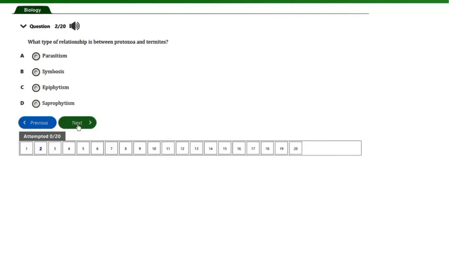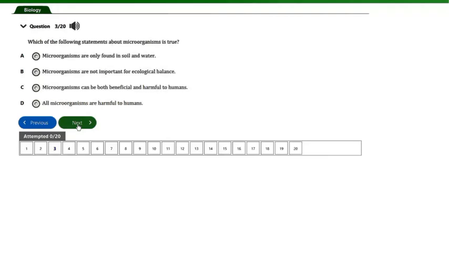So in the case of the protozoa and the termites, the protozoa help to break down cellulose from the wood that the termite eats, which the termite cannot actually do on its own, whereas the protozoa, on the other hand, get a safe environment and nutrients from the termites as well. So guys, the answer to this question is symbiosis. So let's look at the next question, and that's question number 3.